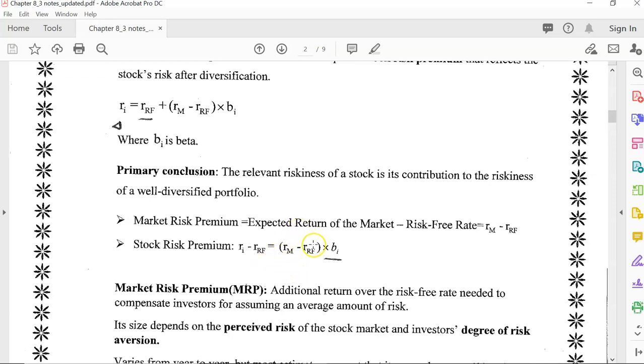It equals market risk premium multiplied by beta. These are two really important concepts: market risk premium and stock risk premium. And beta is connecting these two concepts.